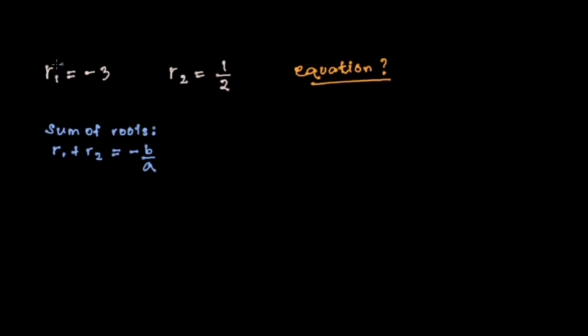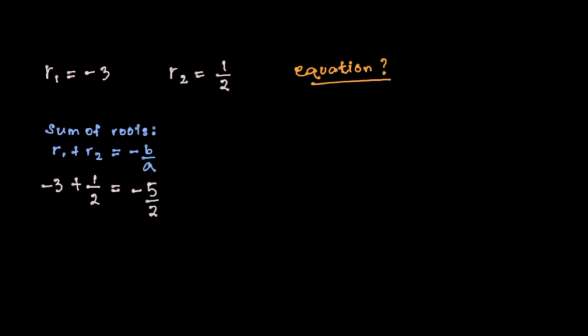Okay? So, later ko na-explain kung bakit ganyan yung formula natin. Of course, r1, or the first root, is negative 3. Plus r2, that is 1 half, equals, okay, when we add them, add lang natin yung dalawang yan. So, meron tayong negative 5 over 2.